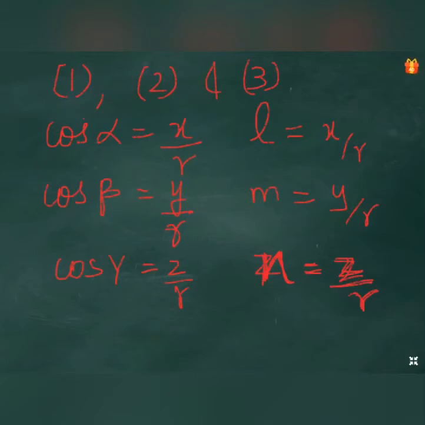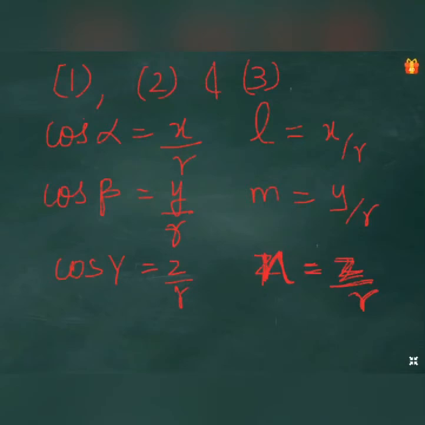Why are we writing cos alpha as l, cos beta as m, cos gamma as n? Because we saw previously that cos alpha can also be represented as l, cos beta as m, cos gamma as n respectively.